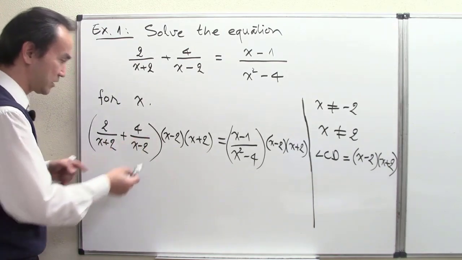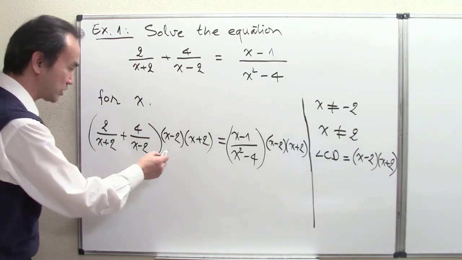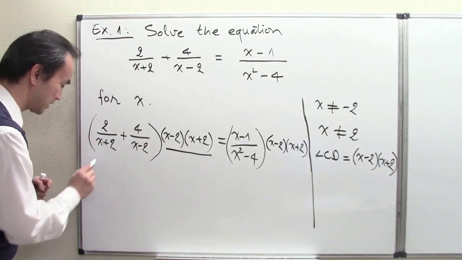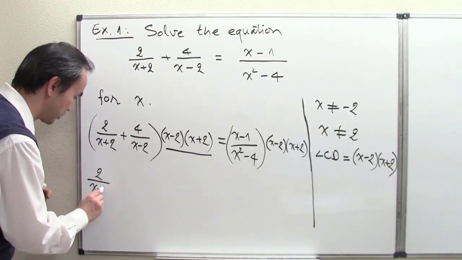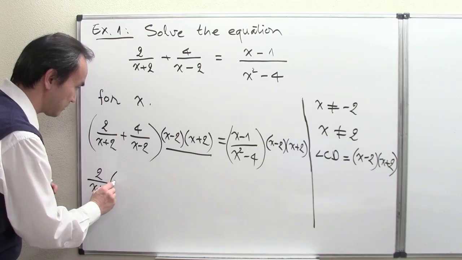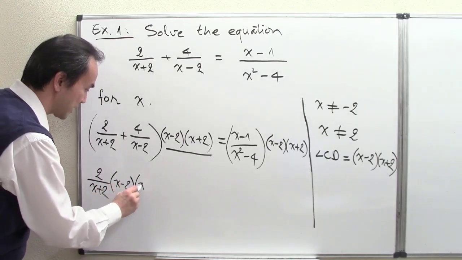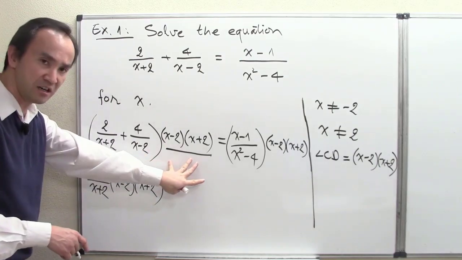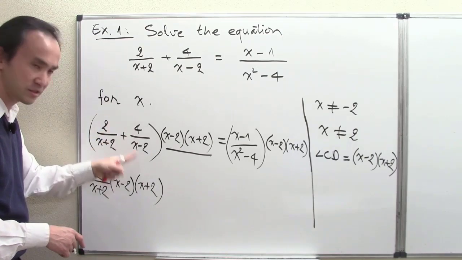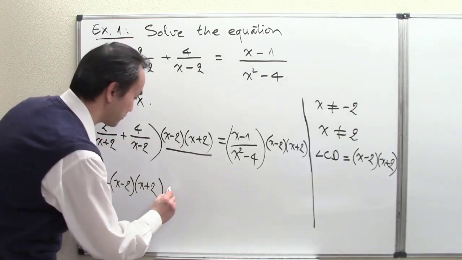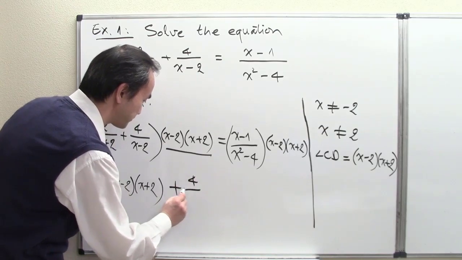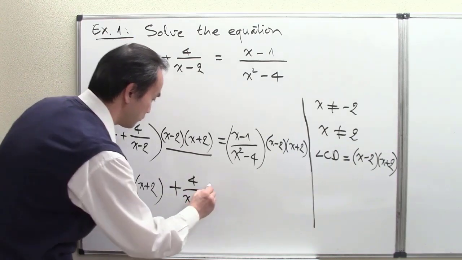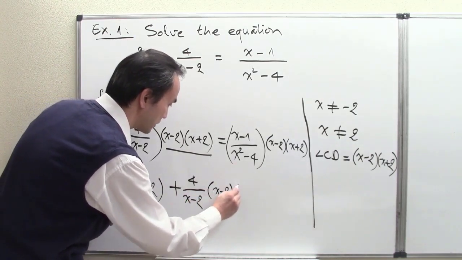And so in that way, the distributive law says we can multiply this underlying expression here with just the 2 over x plus 2. So 2 over x plus 2 is going to get multiplied with the x minus 2 times the x plus 2, according to the distributive law. Then that entire underlying expression will be multiplied with this other separate expression, making it now plus 4 over x minus 2 multiplied with x minus 2 times x plus 2.